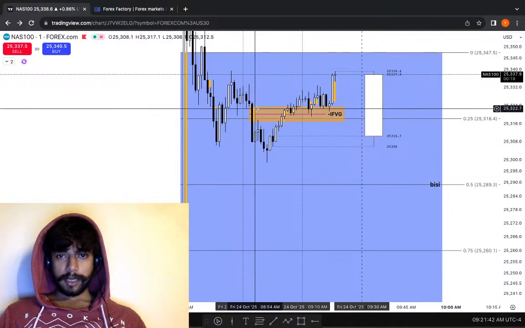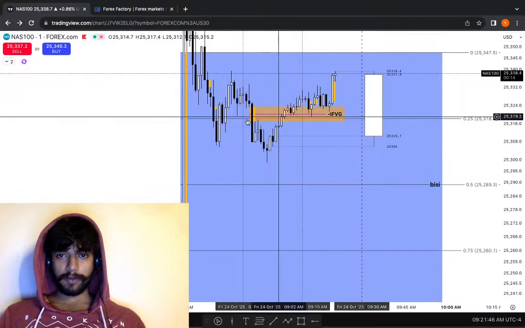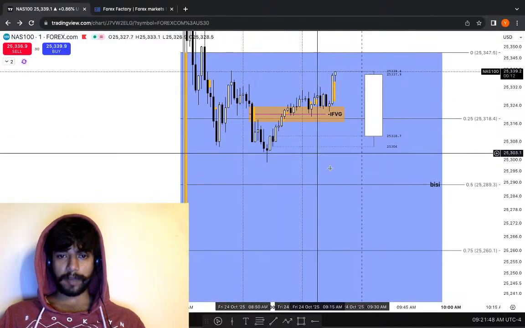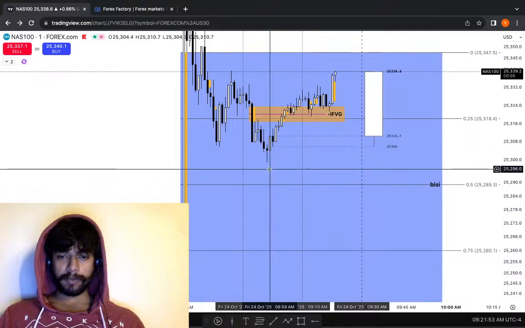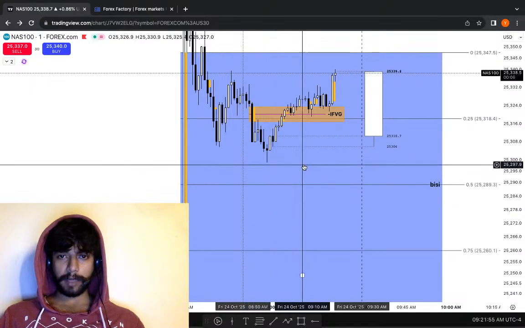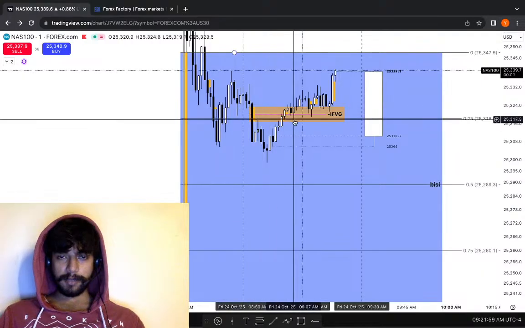So this gap formed inside this 20-minute interval of time between 8:50 to 9:10. Ten minutes before 9 and 10 minutes after 9. It formed inside this macro time.